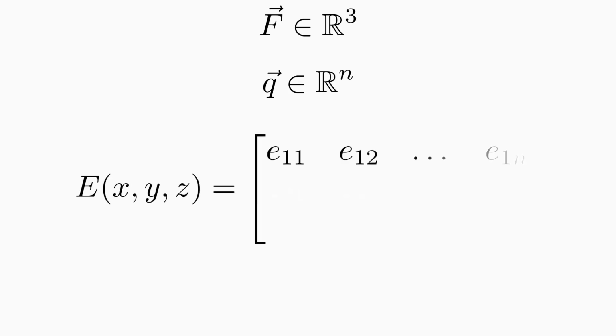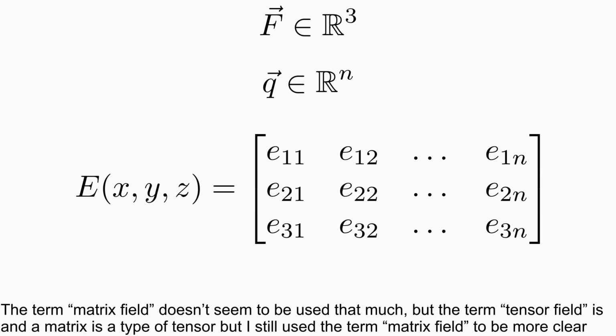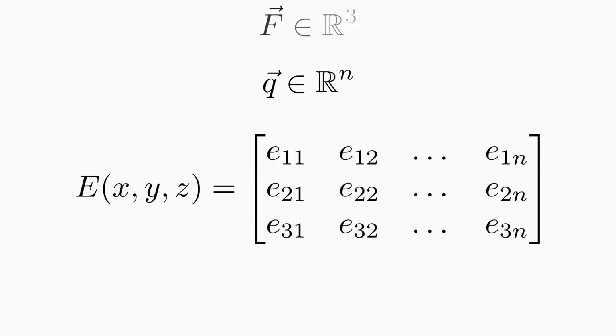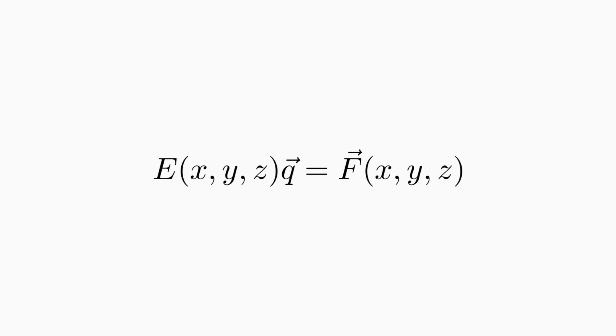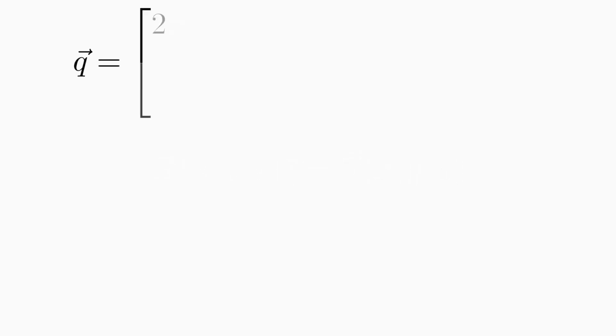This means that the electric field is a 3 by n matrix field. If we consider one charge, we can multiply the electric field by charge to get a force field, which is a vector field. If instead we only know the charge vector up to scale, we have an infinite family of vectors, but we can still have a 3D vector field.